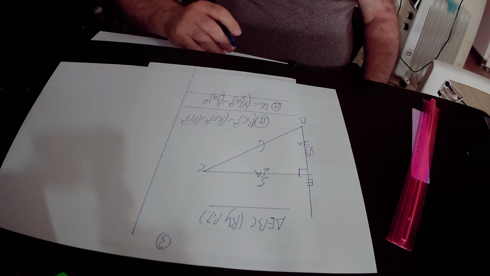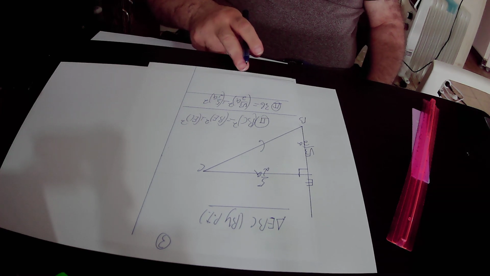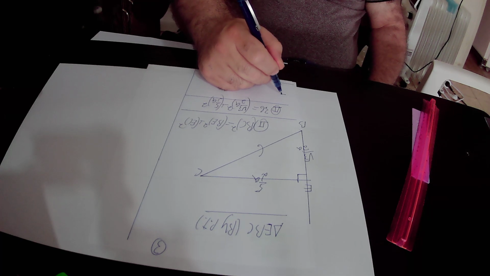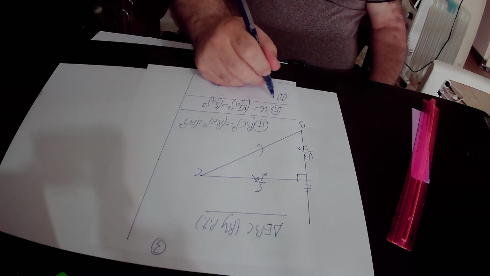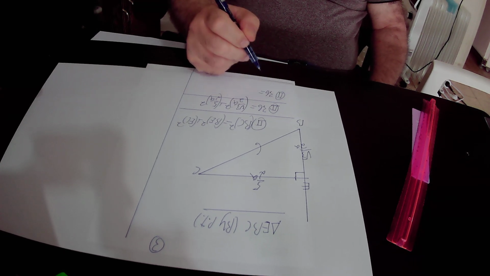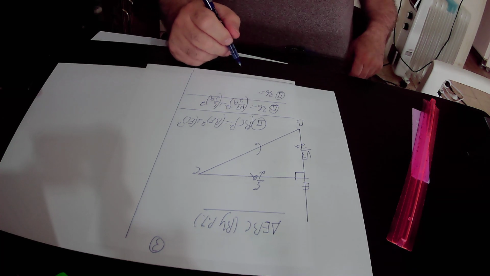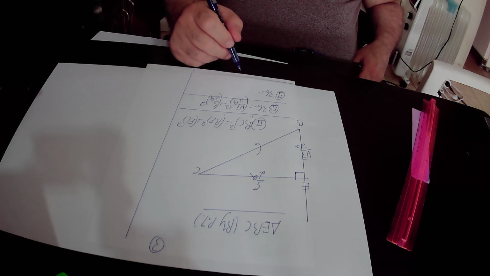So here we'll open the brackets on this side of equation number 2 and we get that according to equation number 2, 36 equals square root of 3 over 2 a squared.